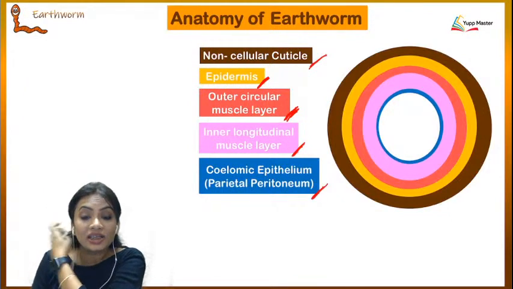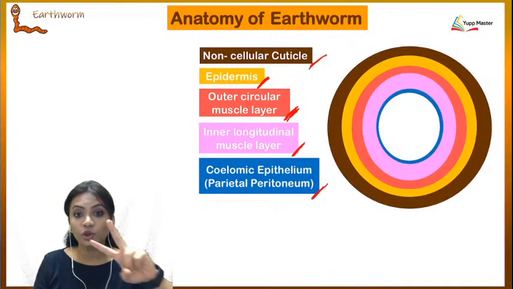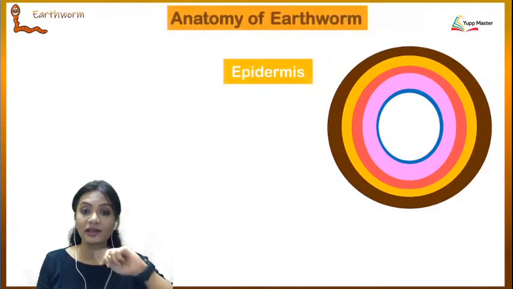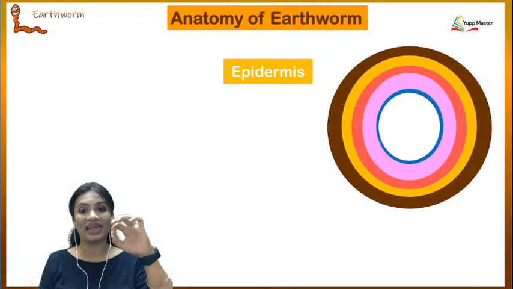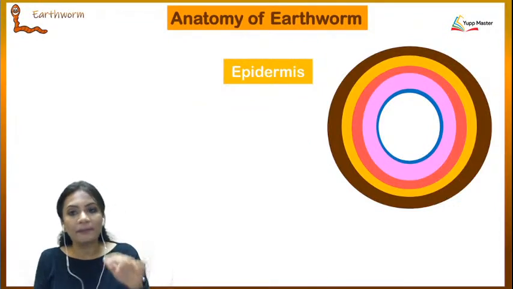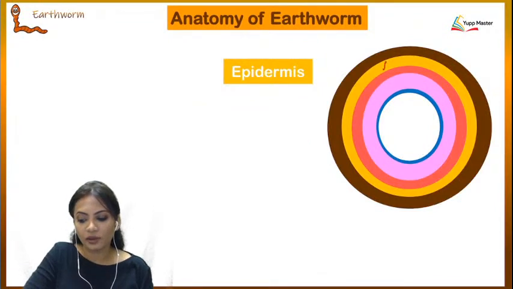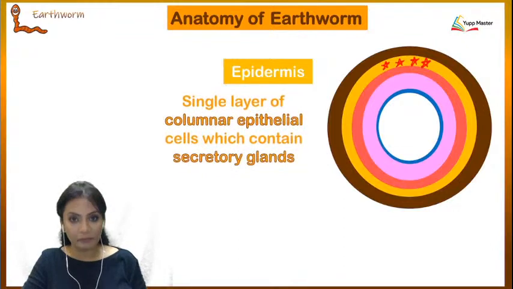Now, let us look in detail at two of these layers. The first layer I'd like to talk about is the epidermis. Which layer am I talking about? I'm talking about this layer over here. What is this epidermal layer basically made up of?